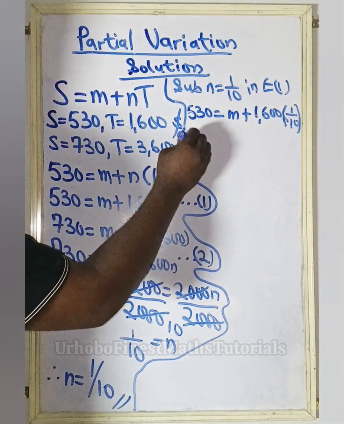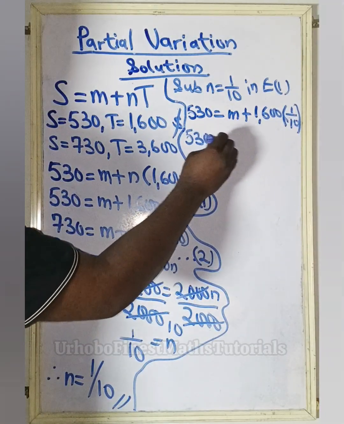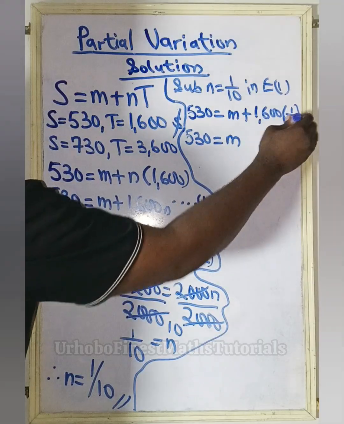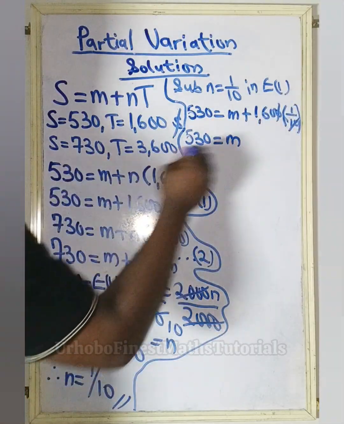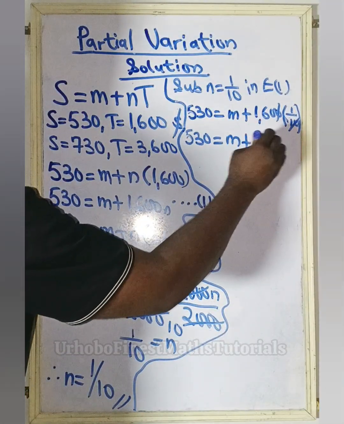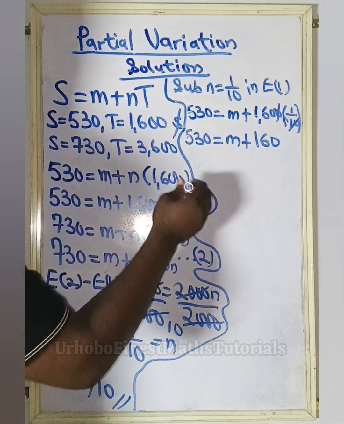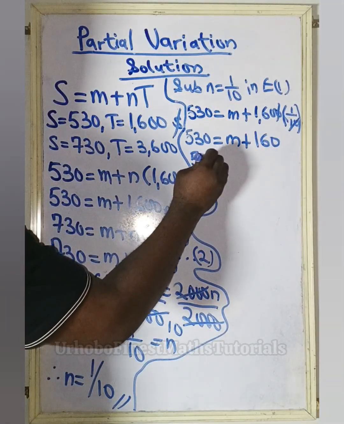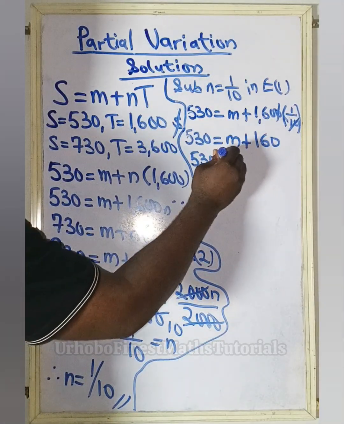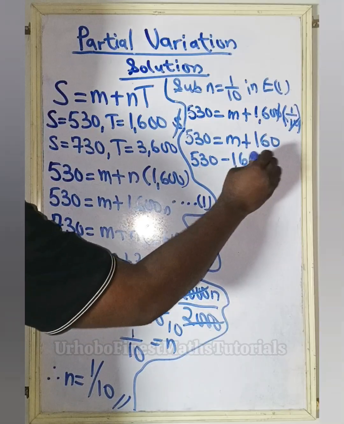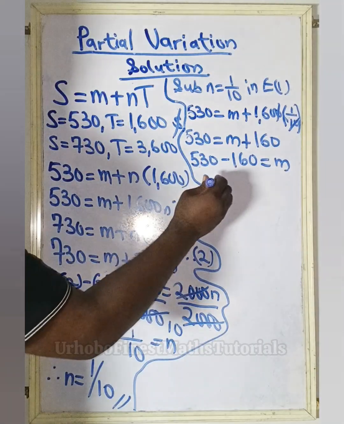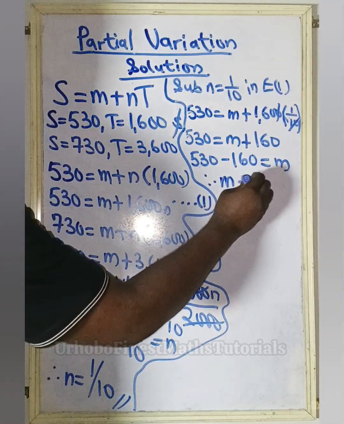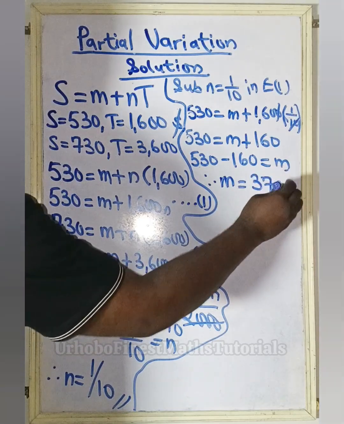This 0 can cancel out one of these, so it becomes plus 160. We'll collect like terms. 530, when this crosses the equal sign, becomes minus 160 equals m. Therefore, m equals 370.